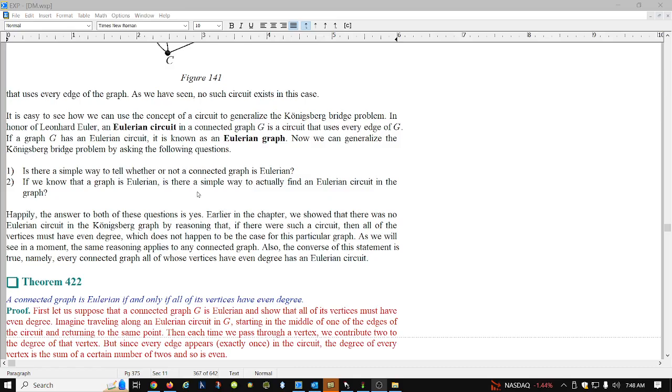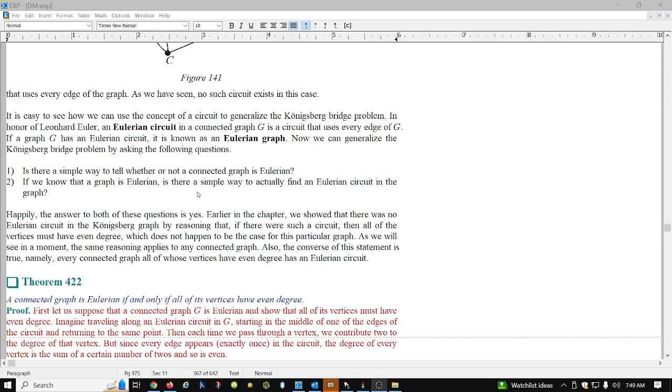Earlier in this course, I showed that no Eulerian circuit in the Königsberg graph could exist by reasoning that if there was such a circuit, then all of the vertices would have to have even degree. You have to enter and leave every vertex. So the degree accumulates in pairs, in multiples of 2.